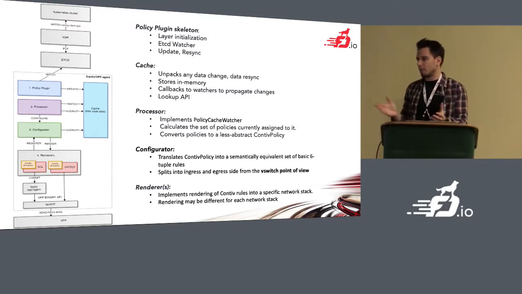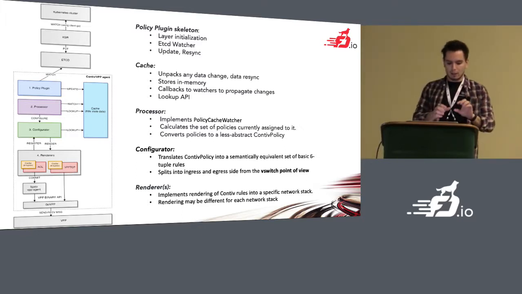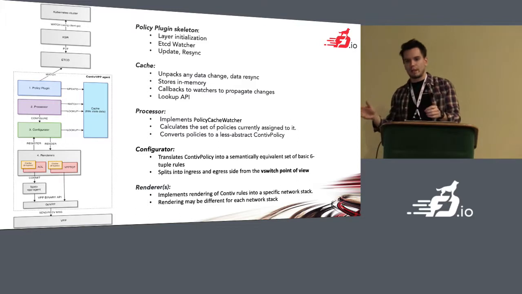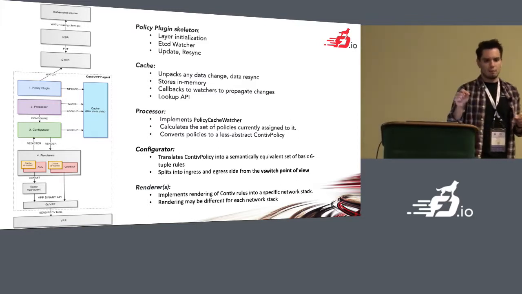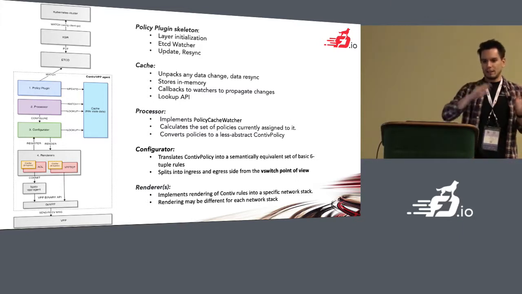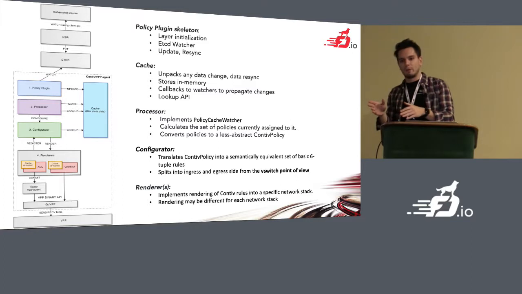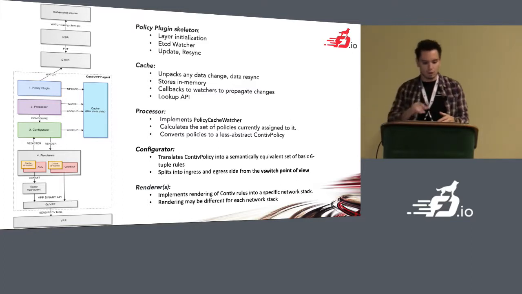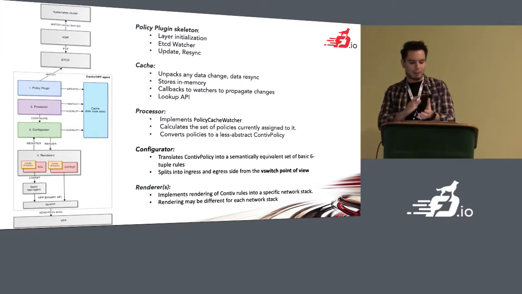set of 6 tuple rules. This is where you can split into ingress and egress side from the VPP vSwitch side, because ingress and egress in the VPP world is actually the opposite of ingress and egress in Kubernetes policies. The configurator does that mapping as well.